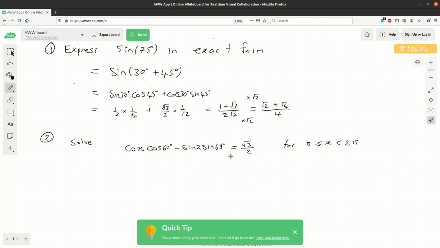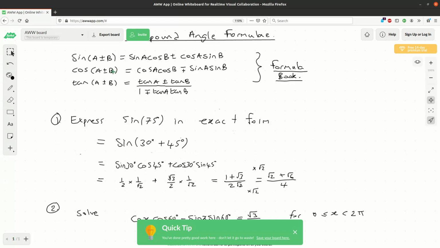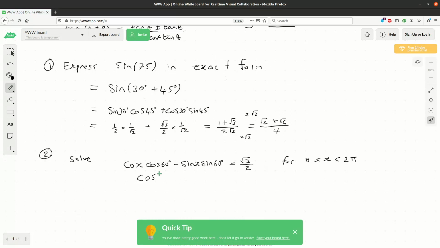Oh, I've realised I'm using degrees in the question, and I'll have to change this to 360 now because you can't use degrees there and radians there. That's just silly. I'm sorry, I am making these up off the top of my head. I apologise. Okay, so cos of x plus 60 must be root 3 over 2.